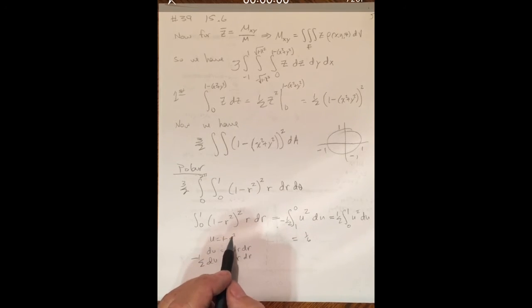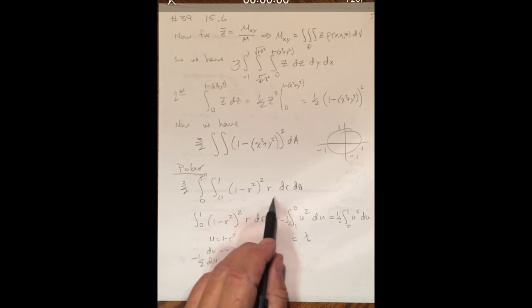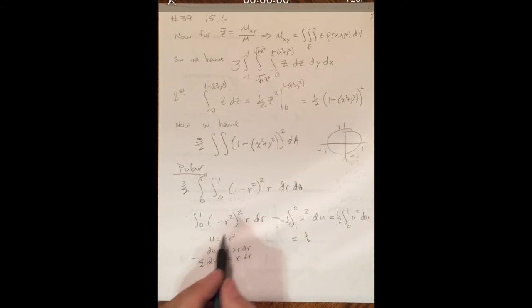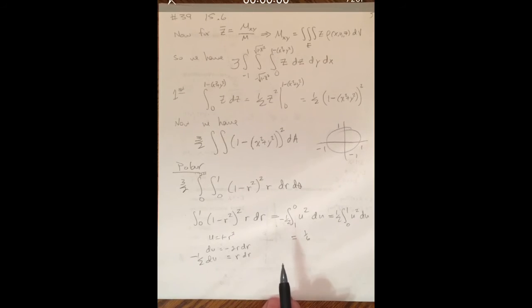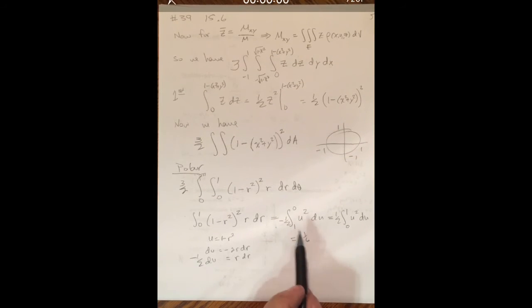Now, if we integrate this inside integral, it is just substitution. Let u equal 1 minus r squared. du is minus 2r dr, or r dr is equal to minus 1/2 du. This becomes a negative 1/2 the integral from 1 to 0 u squared du. Well, now why is that 1 and 0?